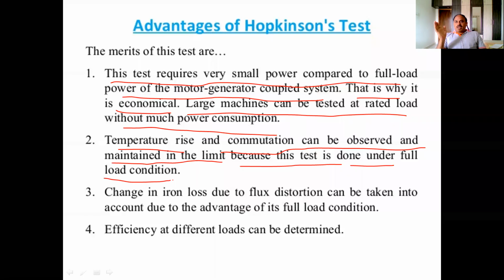So the generator delivers electrical power, meaning it is under loaded condition, and needs mechanical power from the motor. The motor load increases, so the motor takes more power from the generator. In this manner, generator output increases, therefore motor output increases. This process is repeated up to rated load condition.